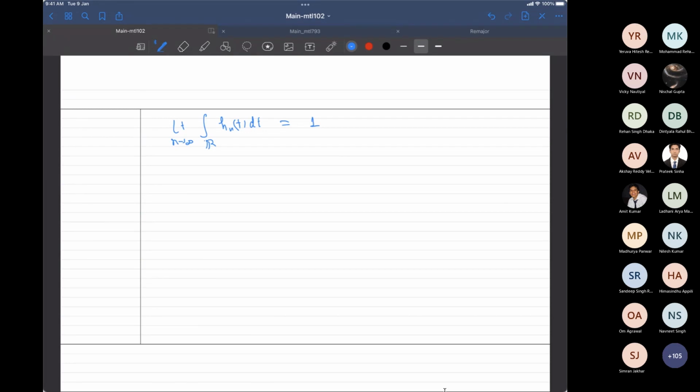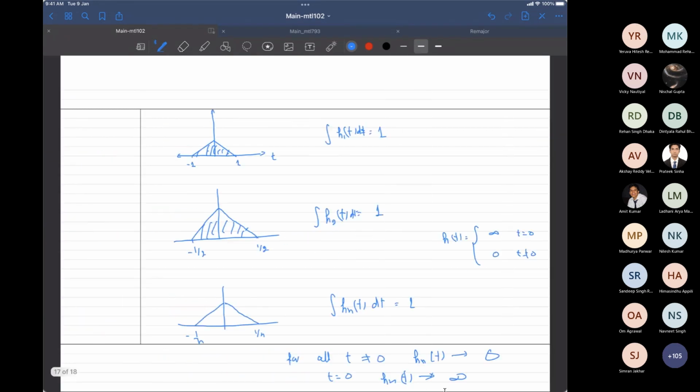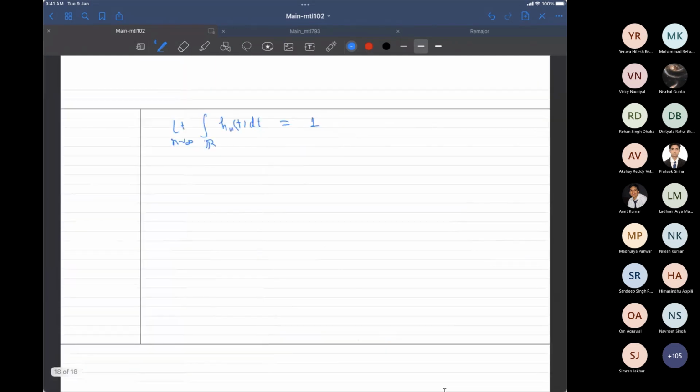On the other hand, if you look at the function h(t), then the integral of h(t) dt either will not make sense because the function is unbounded at 0, or if you remove this singularity at 0, this will be equal to 0 because it's a 0 function, right? And the value at a point does not make a difference in the integral.